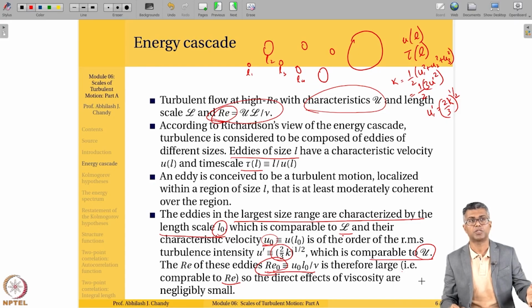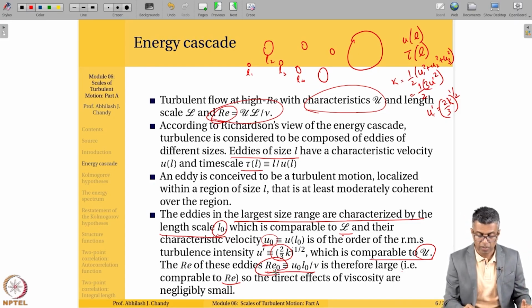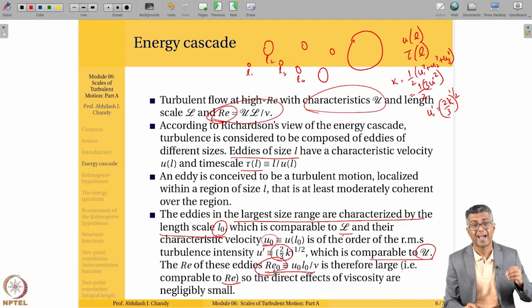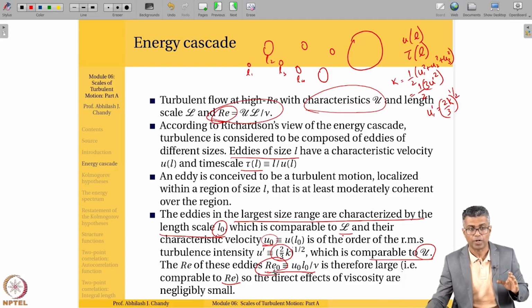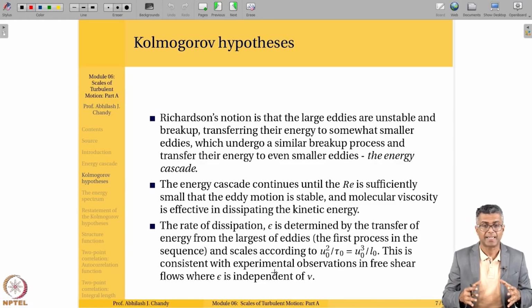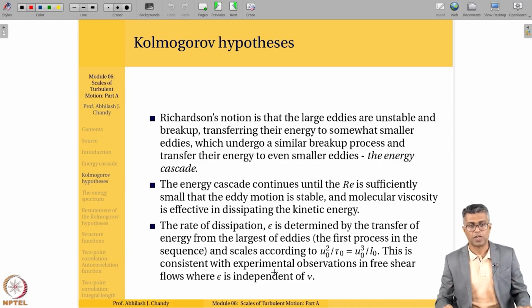Reynolds number is inertia over viscous. So if this Reynolds number is large, viscous effects are negligible at these length scales. So that is your context, isn't it? Now that takes us to Kolmogorov's hypothesis.